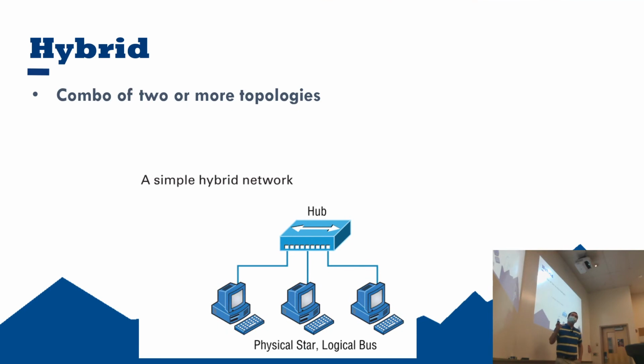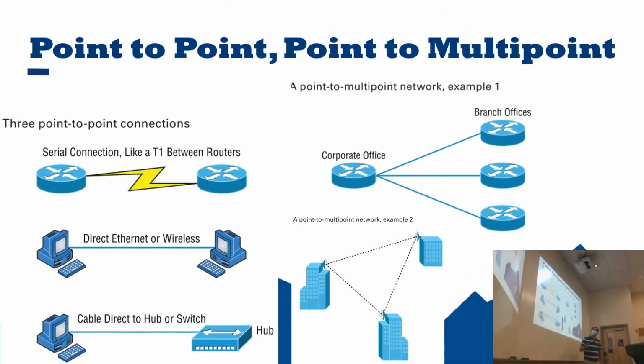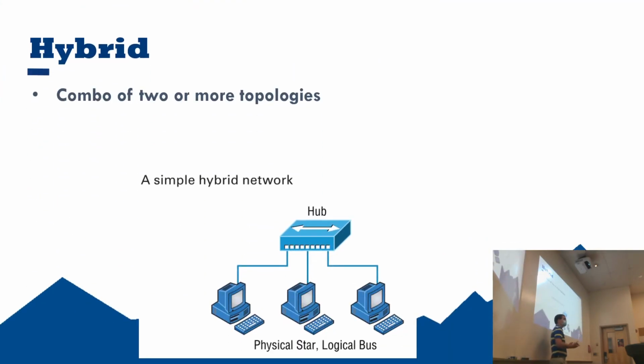All right. So now a hybrid, as the name would imply, it's going to be some combination of different technologies. So for example, let's say we are a campus. We have a place where the internet comes into the building, and we want to get that out to all the buildings. But within each building, we want a star topology. What topology is that going to be called?